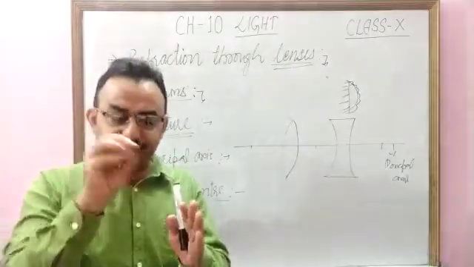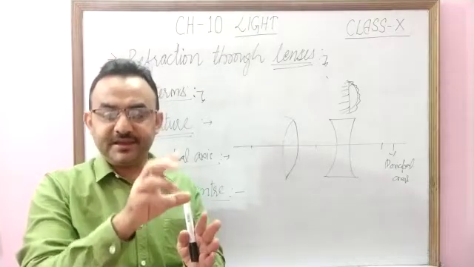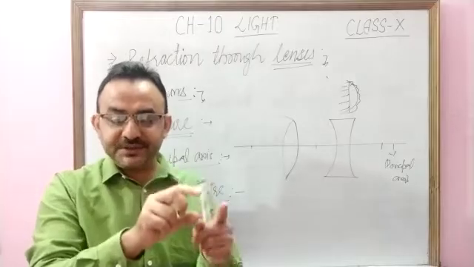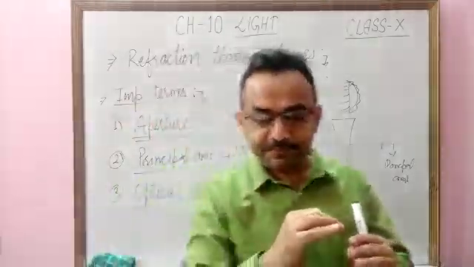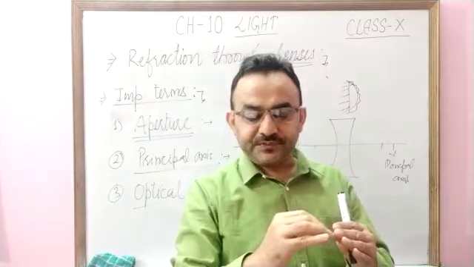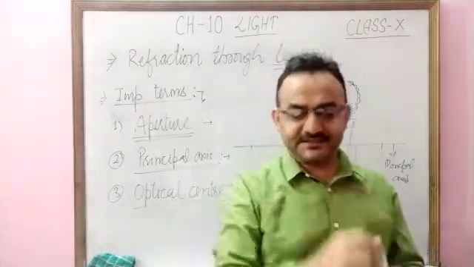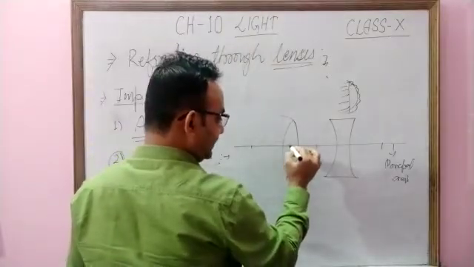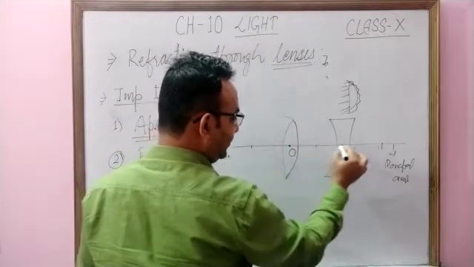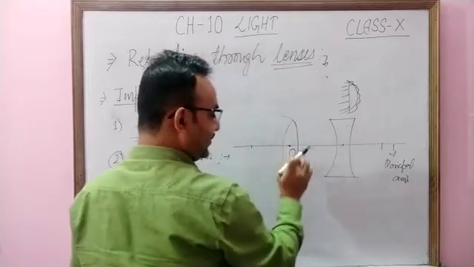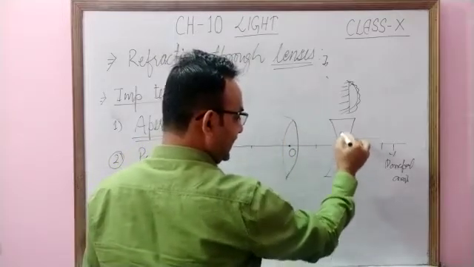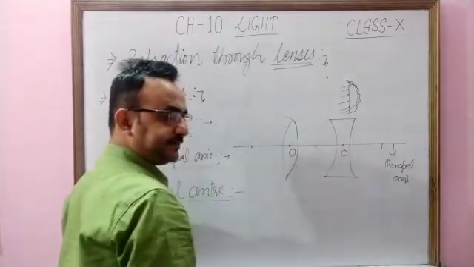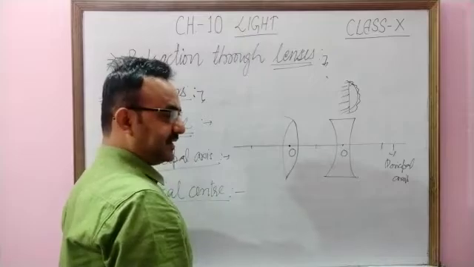Optical center is simply a point inside the lens through which a ray of light passes undeviated from the lens, such as here. This is optical center denoted by O in case of convex lens, and in case of concave lens this is the point which is known as optical center.